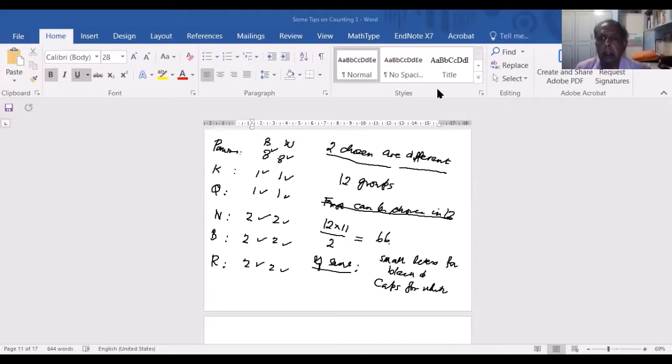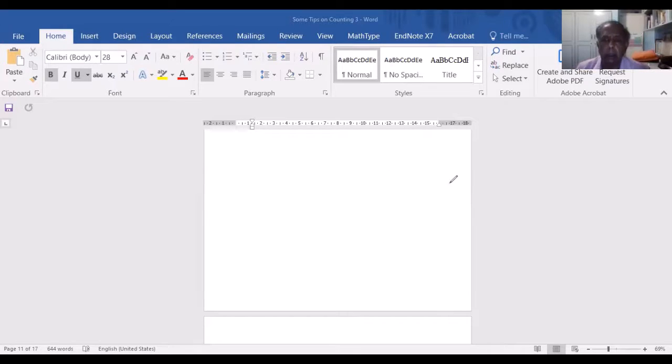So I'm going to go down. We had 66 there. So you'll have 2 black pawns or 2 white pawns, right?